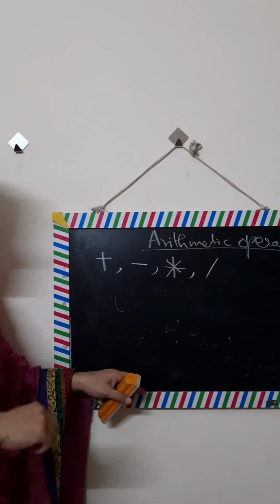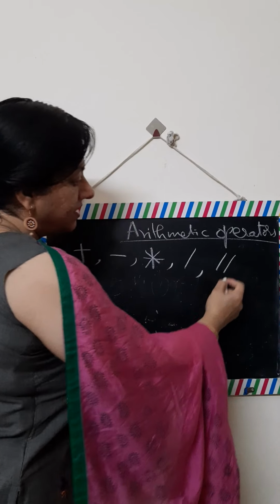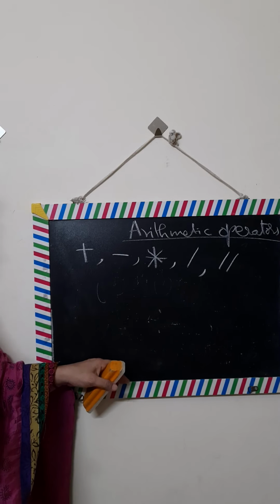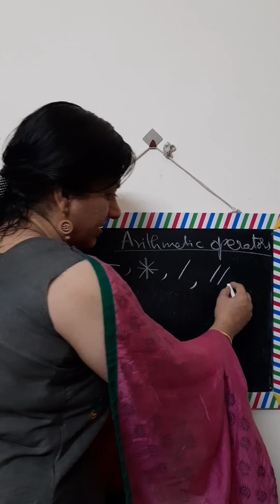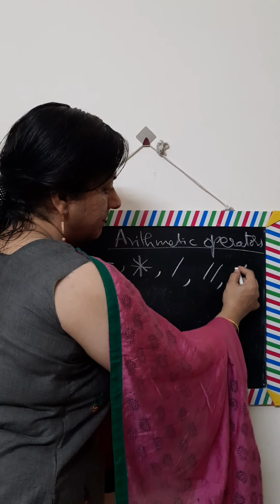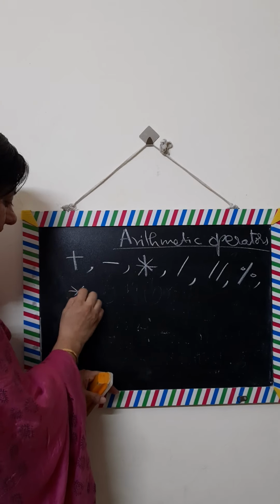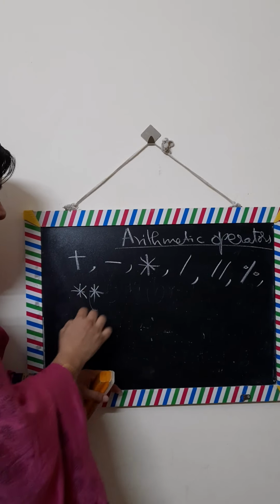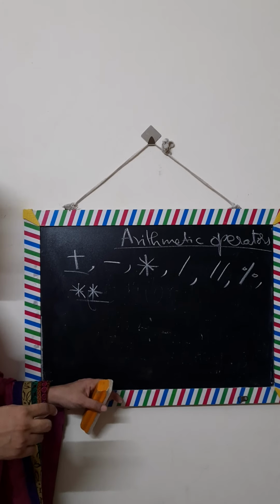Forward slash. Then it is a divide. Then I also have a double slash, double forward slash, which stands for, okay, we'll come to that later. Then we have a percentage symbol and we also have double asterisk symbol.